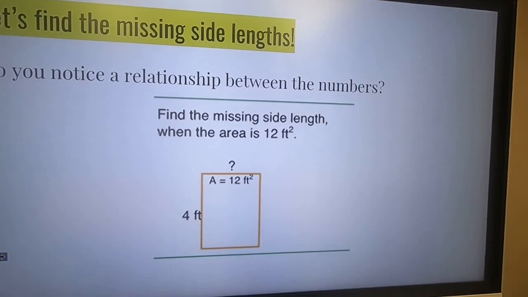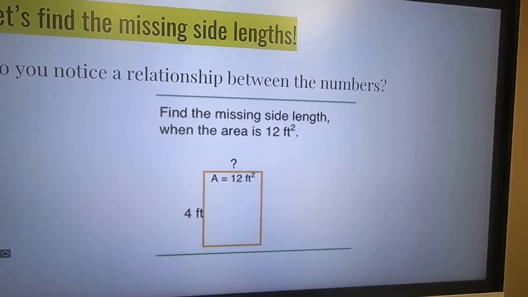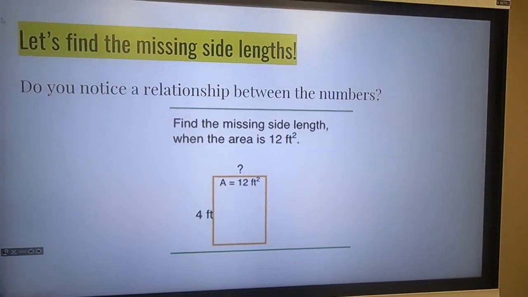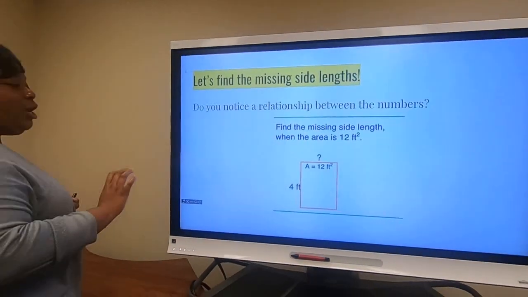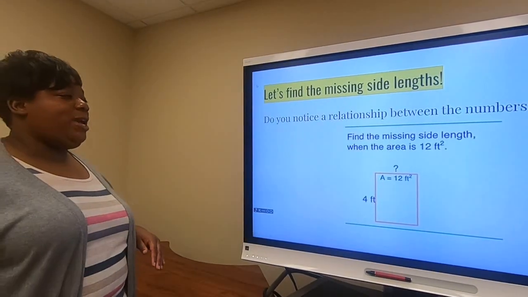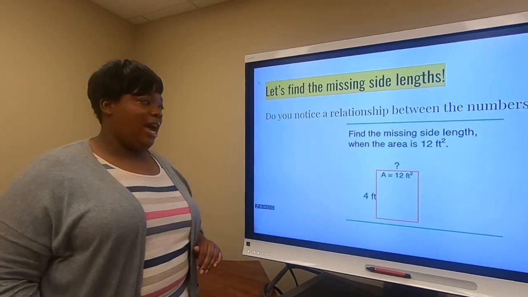So, what I want you to notice is the relationship between 4 and 12. Now, you should know by now that in order for us to find area, we have to multiply our long side by our short side.